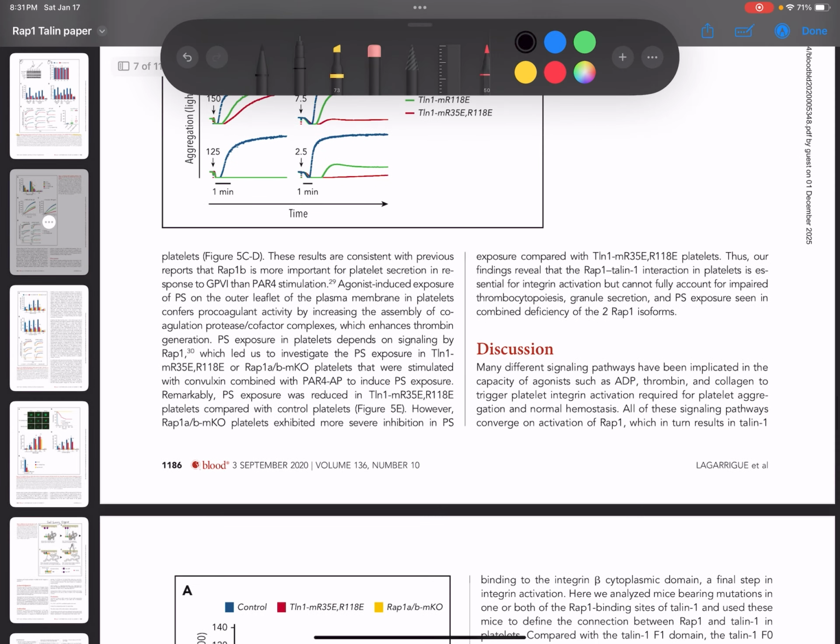All right. Then we go to the discussion. So this ideally, if it's written well, will have a summary for us of what we just read, of all the data.